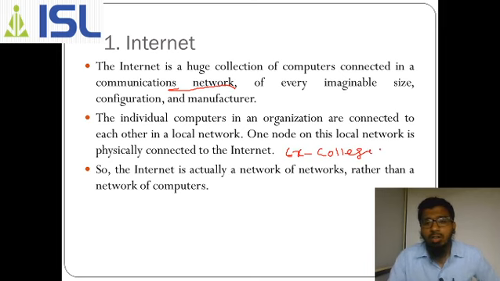Here a local area network, LAN, is there, and we can say a physical area network. In the whole college we just need the LAN connection, with no need of the internet. So with the help of LAN we can communicate with each other in the whole college or campus.